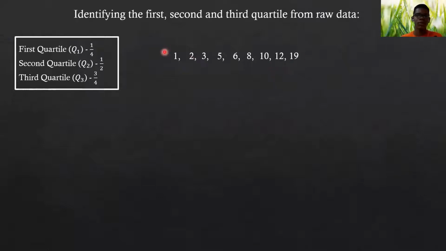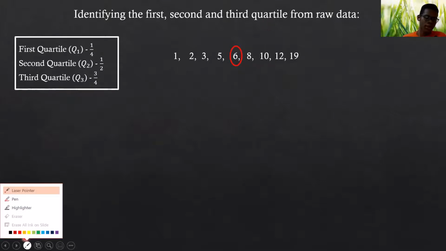So 1, 2, 3, skip 4, 6, skip 7, 8, 9, 10, 12, and then jump straight to 19, right? So we have 1, 2, 3, 4, 5, 6, 7, 8, 9, our 9 numbers. An odd number, so we can identify the middle, right?